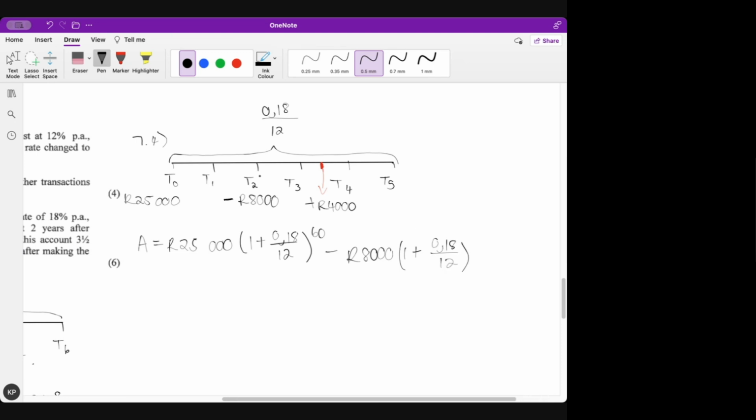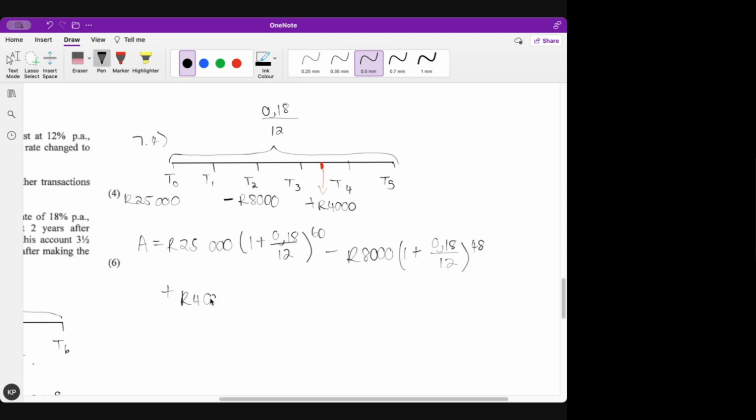And if I lost 4 years and it's compounded monthly, what is my exponent in this case? 4 years compounded monthly. That would be 48, right? 48. Great.